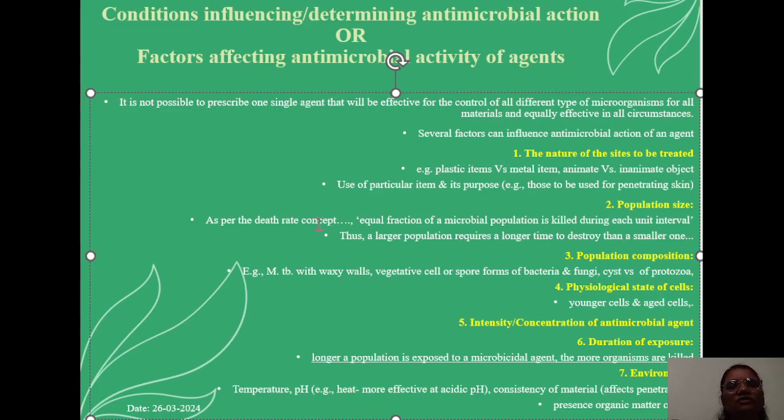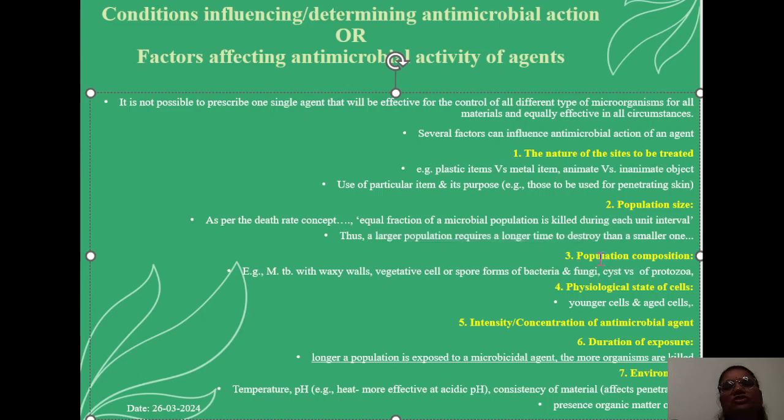Looking at the same concept, if we have some area to be disinfected or sterilized, and that area or object is carrying a huge population of an organism, it will require a larger time period of exposure for complete destruction to be achieved, right? So the larger the population, the longer the time required for microbial control.